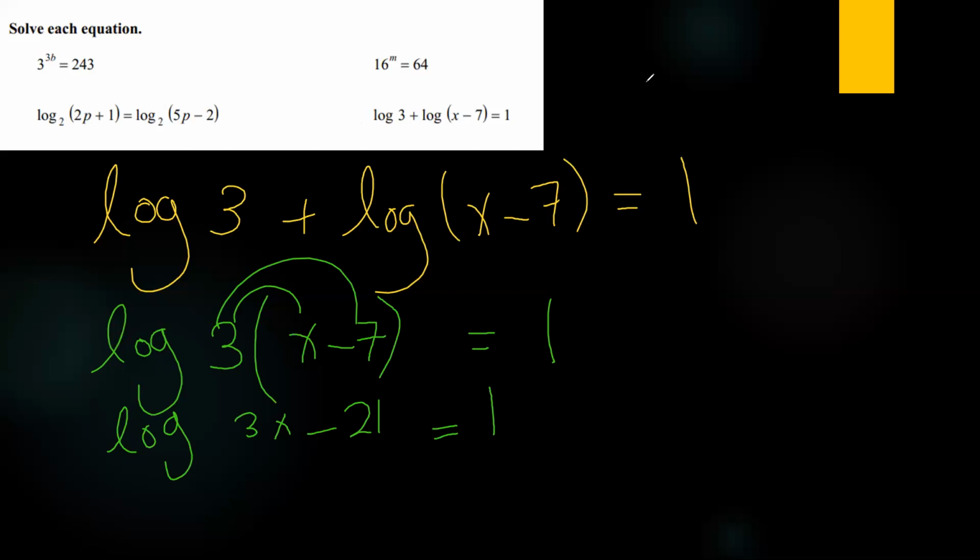The only way that I can cancel the logarithm, since this logarithm is to the base 10, is to raise 10 to both sides. In this case, I raise 10 to the logarithm of 10 of 3x minus 21 and 10 to the power 1.